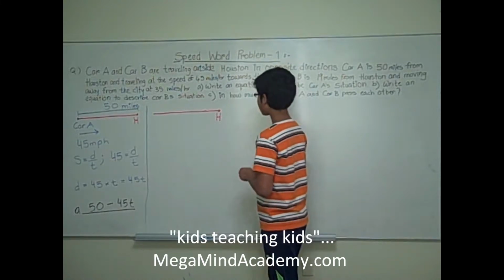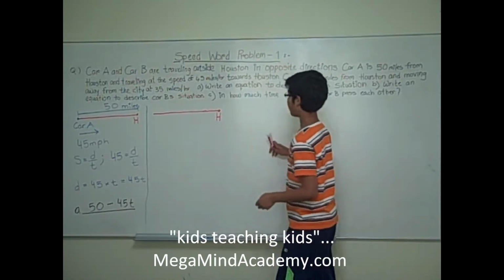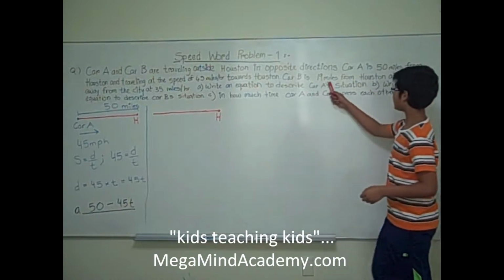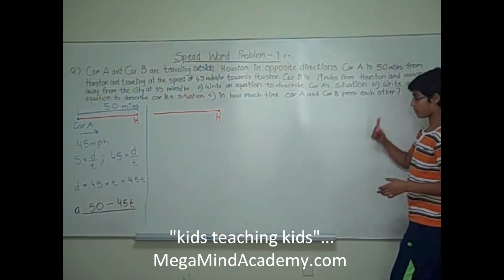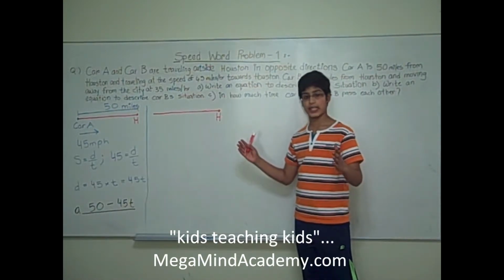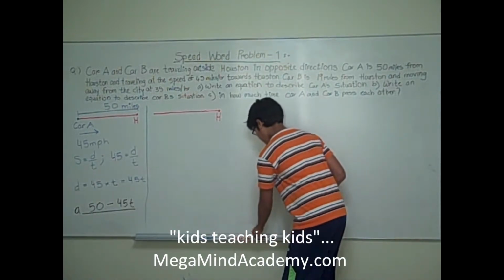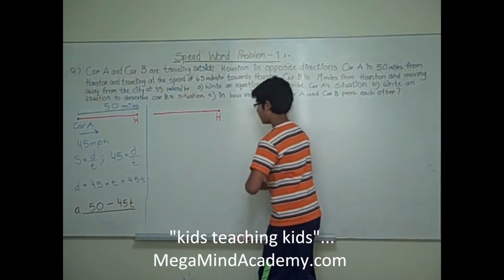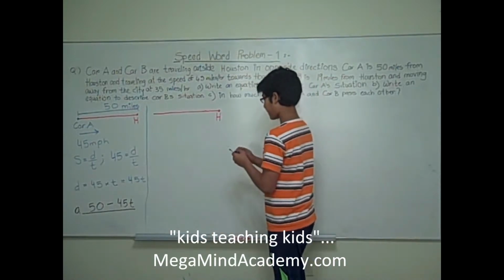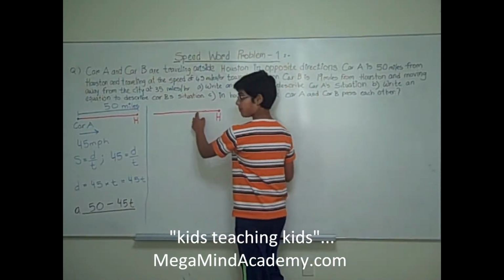Car B is 19 miles away from Houston, and is going away from the city. So this means that car B is approximately, let's say 19 miles is right here.